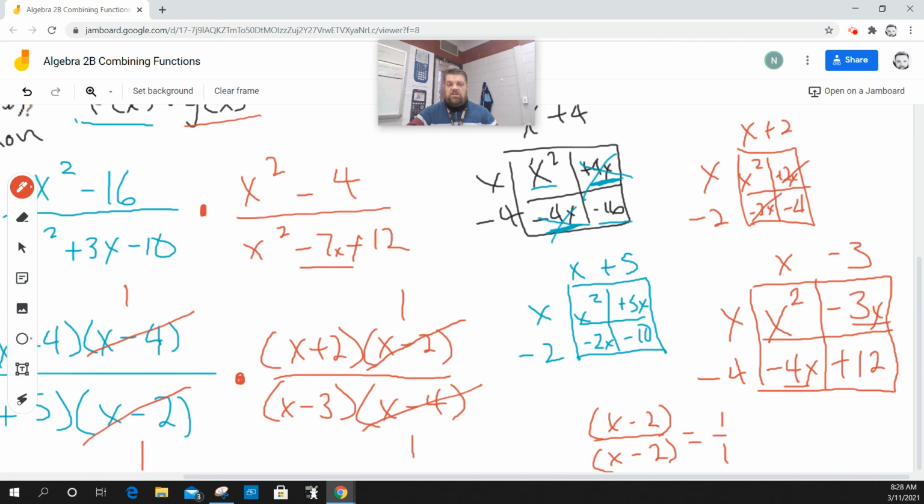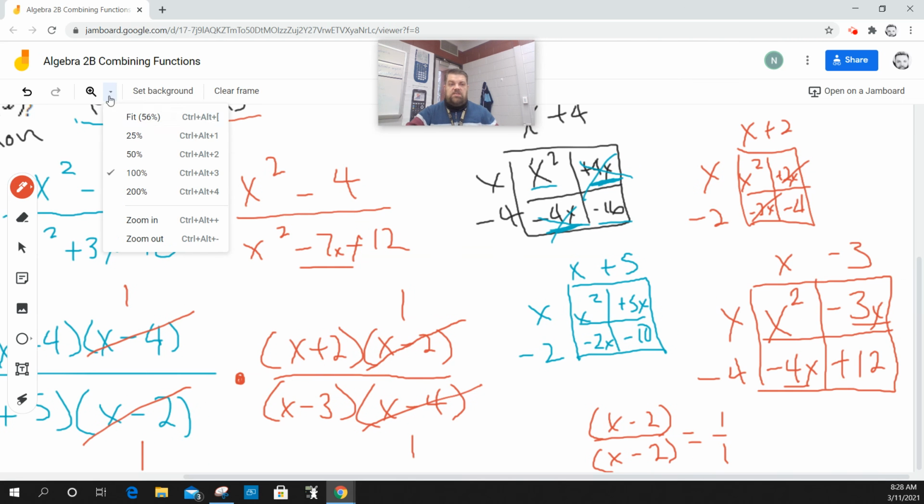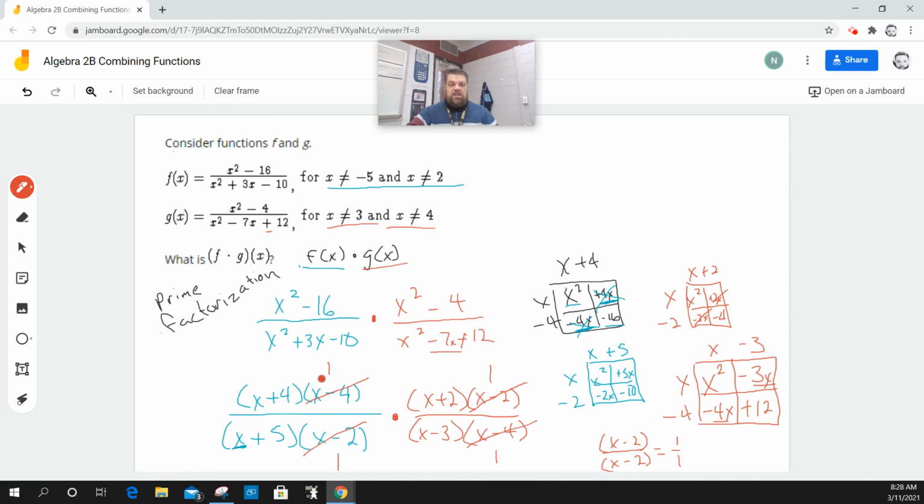Ooh, I'm running out of room here, so I'm going to transpose this up to the top. So up here at the top I'm going to say x plus 4 times x plus 2 all over this times this.